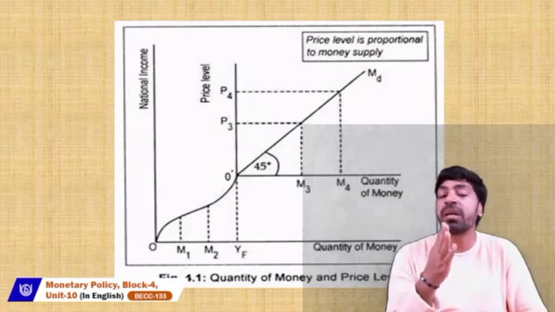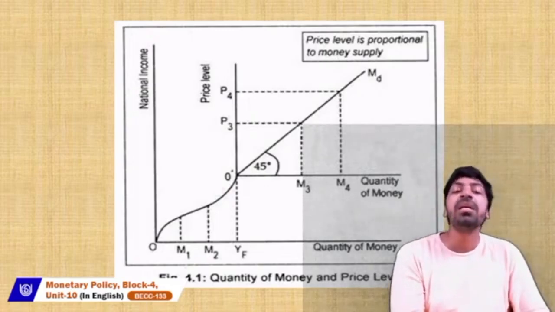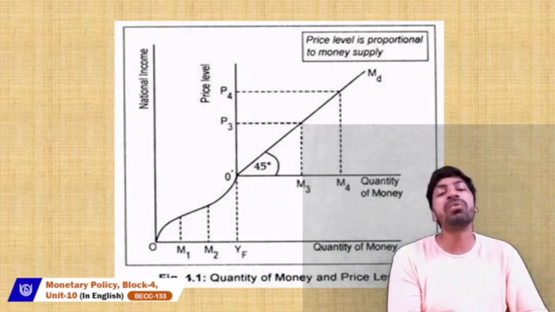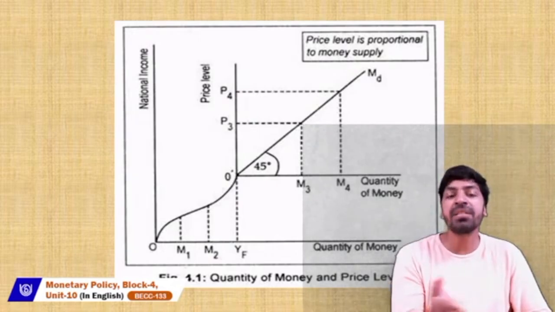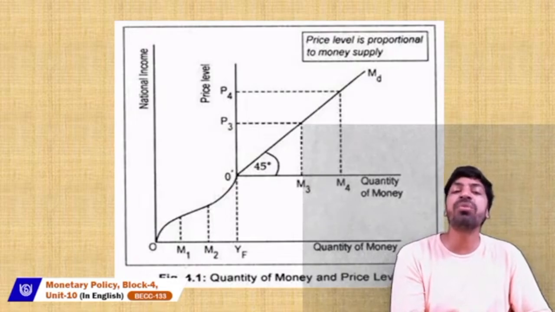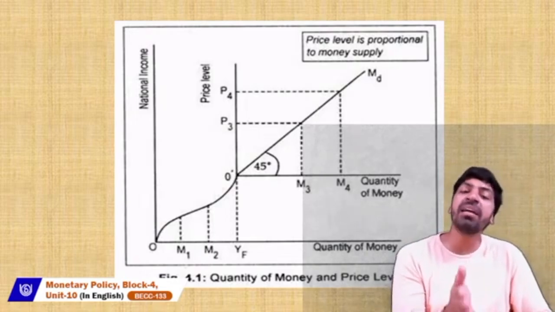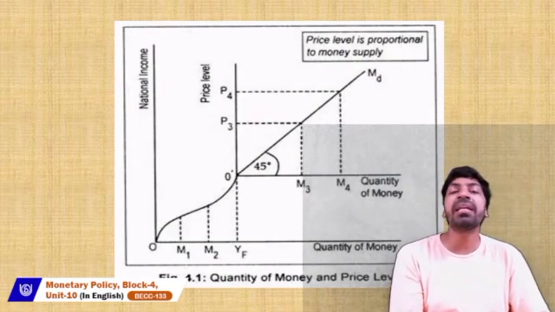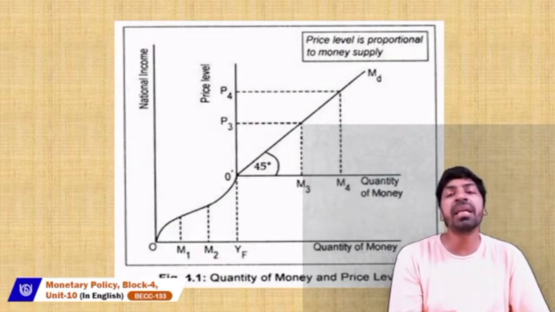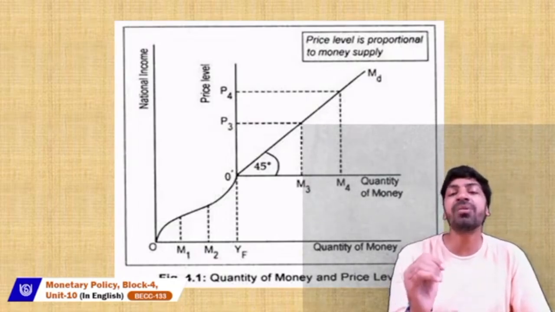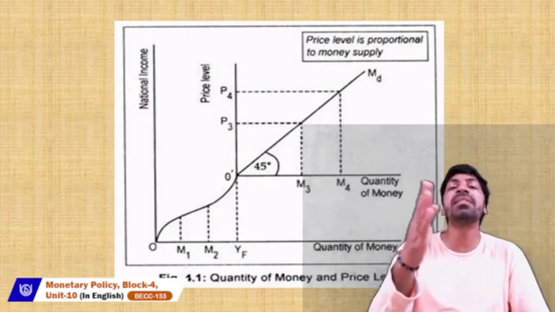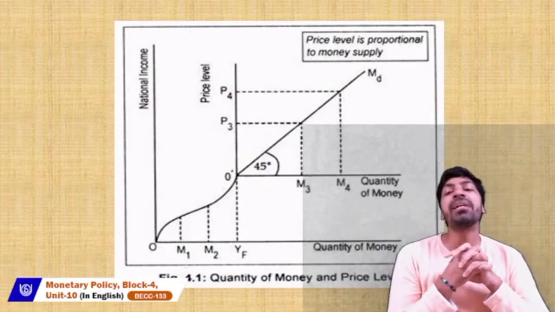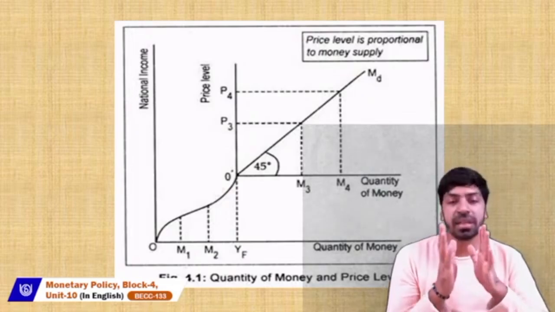When we talk about the below employment rate, the supply of money also decreases, as you can see, from M2 to M1. So from YF to M2 to M1, the money supply decreases, and once it decreases, this theory is applied in a new version where the price level and the quantity of money get studied.